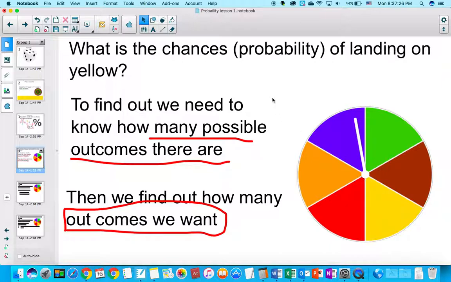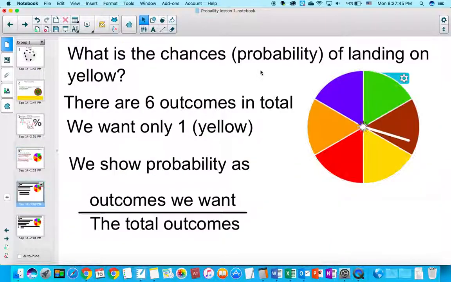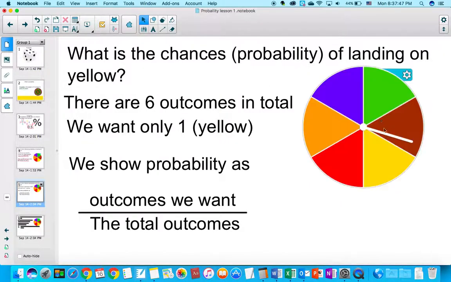Well, the question is asking us the probability of landing on yellow. So we're looking for how many outcomes? Well, just one here, just yellow, right? There are 6 outcomes in total.